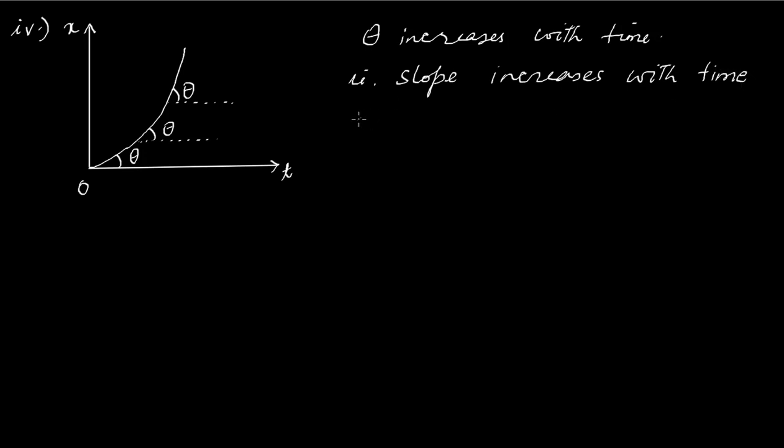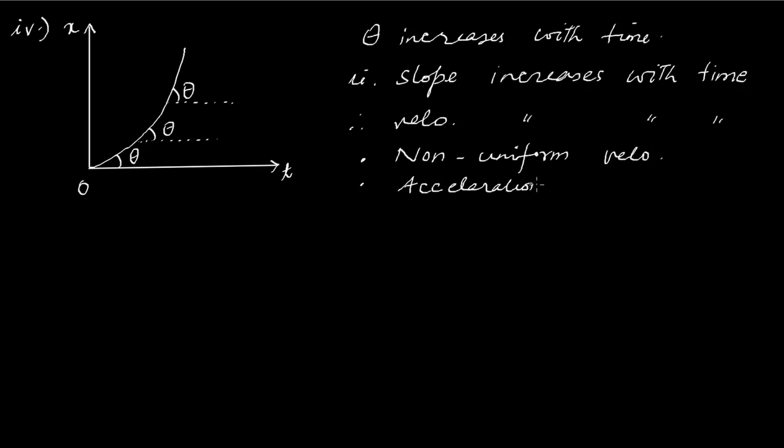Slope increases with time, so that means velocity increases with time. So is it uniform or non-uniform? This is also non-uniform velocity, and since velocity increases with time, this is acceleration. Understand? That's acceleration. So number 5.